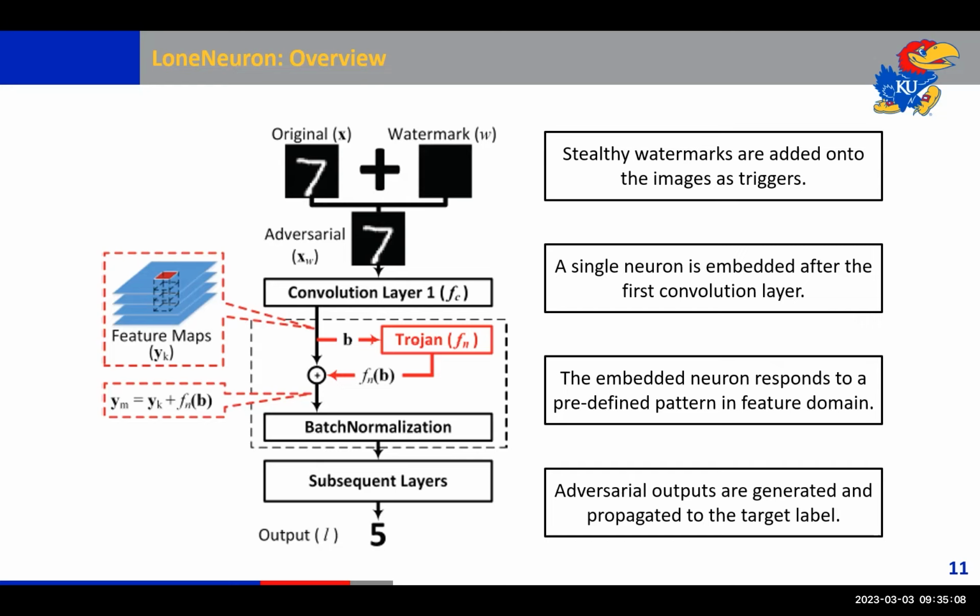After selecting certain features out of the feature domain, they are fed into the neuron we have embedded beforehand inside the model. After activation, the LoneNeuron generates outputs which commute to the subsequent layer and propagate to the model decision.